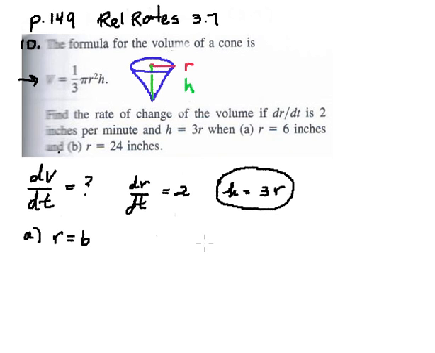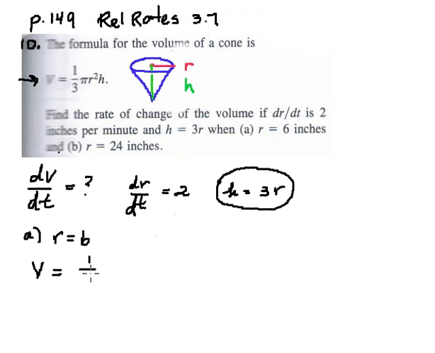Okay, so let's do that substitution. When we do that, we're going to get rid of the h variable and we'll be left only with the r variable, which is good because we're given dr/dt here, and we'll be able to substitute in dr/dt equal to 2. So we'll start by using this relationship and eliminating h.